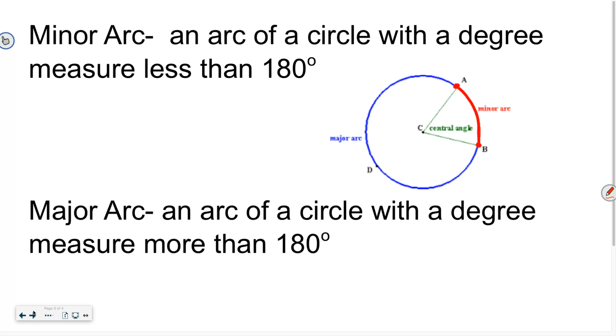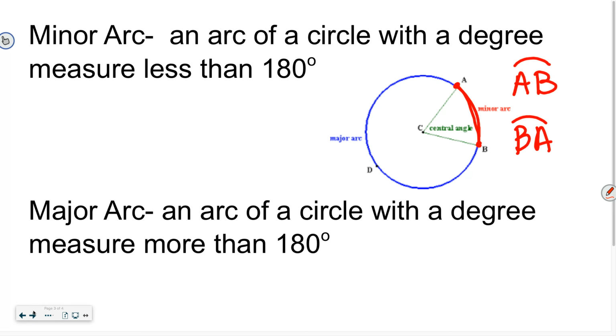And if an arc is less than 180 degrees or less than half of the circle, we call it a minor arc. So if I were talking about this arc from A to B or from B to A, I would write AB with the little curved line above it, and that reads minor arc AB. And I can also say minor arc BA because those are both talking about the same arc.